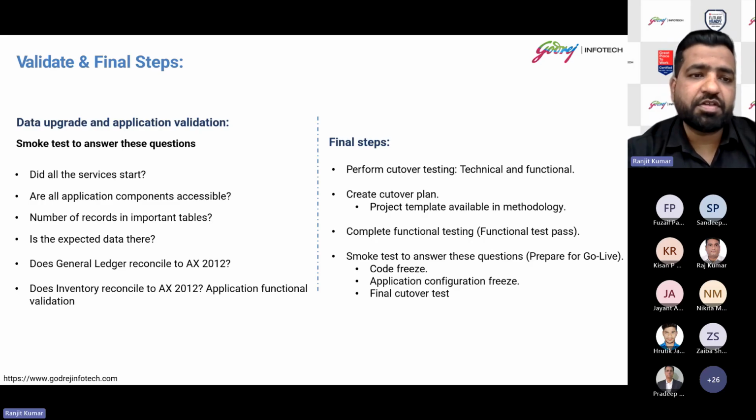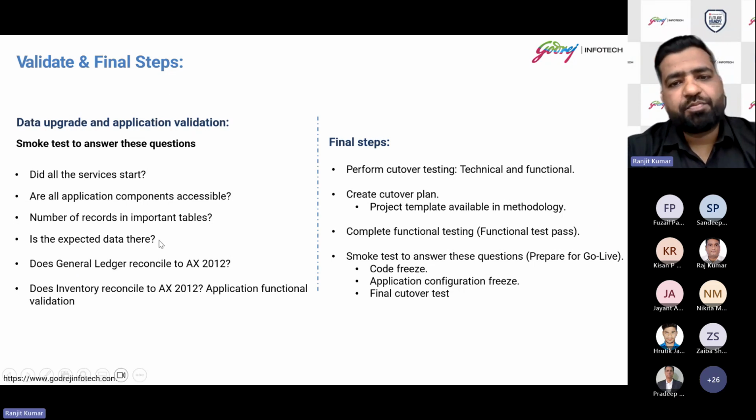That testing will start with your smoke test, which will check whether all the services are started or not, whether all application components are accessible or not, and whether the number of records available in AX2012 are migrated to F&O or not, and so on.